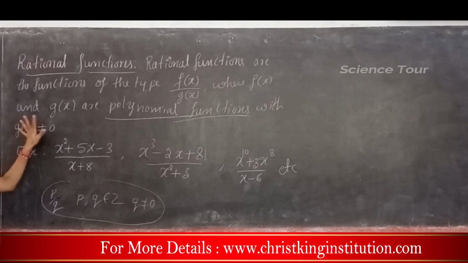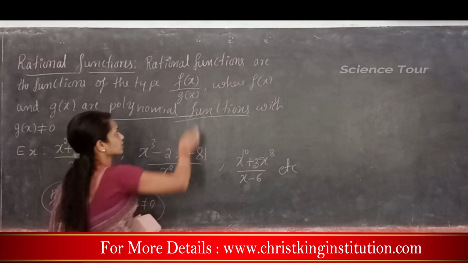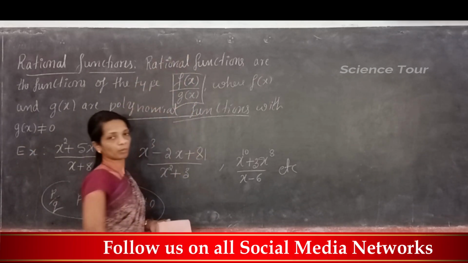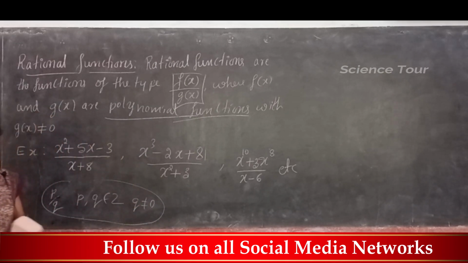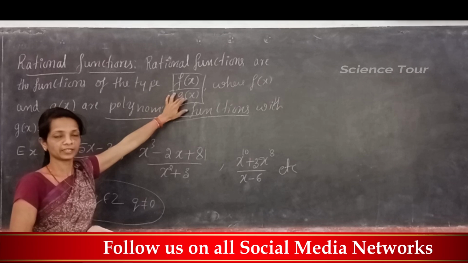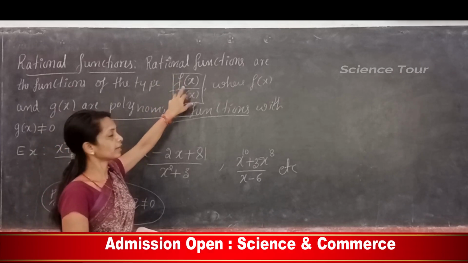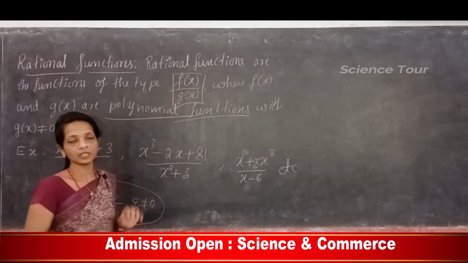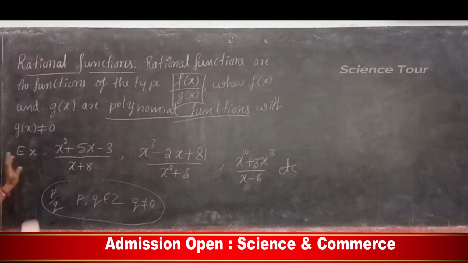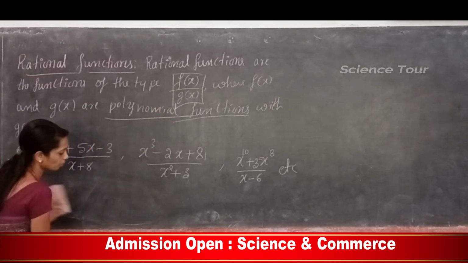So functions of the type f of x by g of x are called rational functions, where both numerator and denominator must be polynomial functions and the denominator polynomial must be not equal to 0.